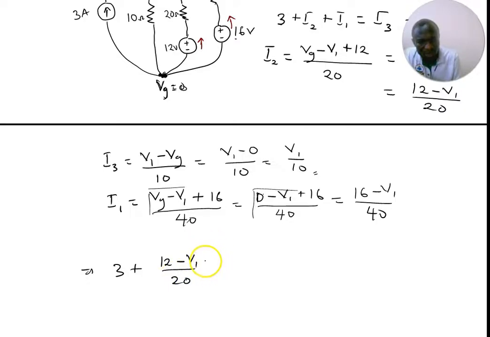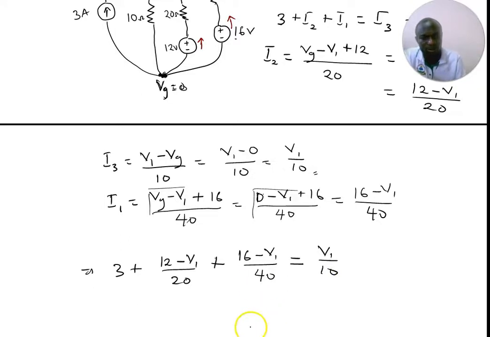Then plus I1, right? And what's I1? I1 is 16 minus V1 on what? On 40, right? And this will be equal to what? The I3, which was given as what? V1 on 10. Very good.